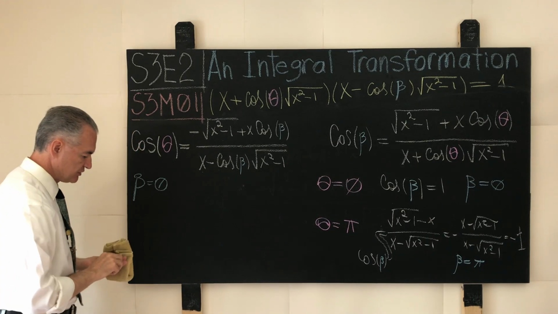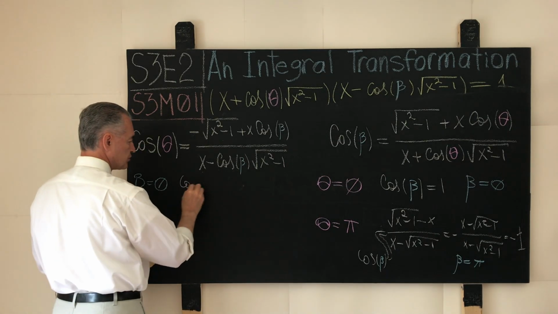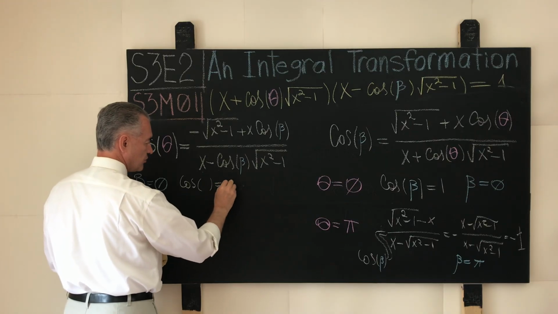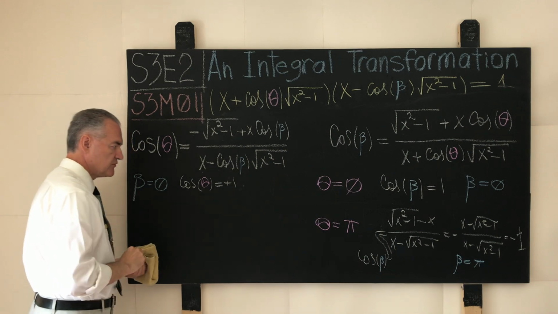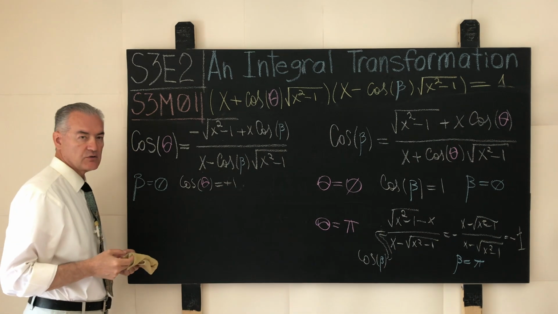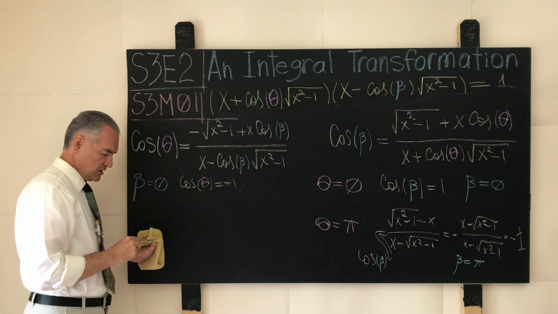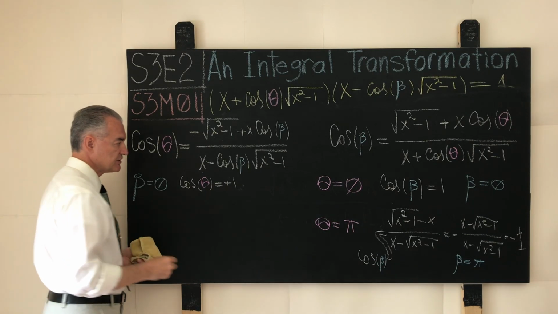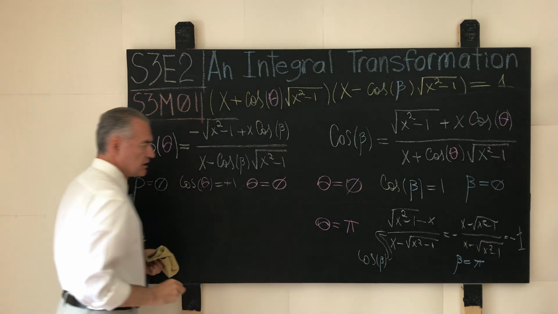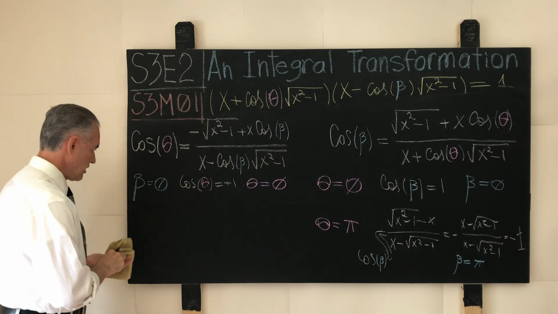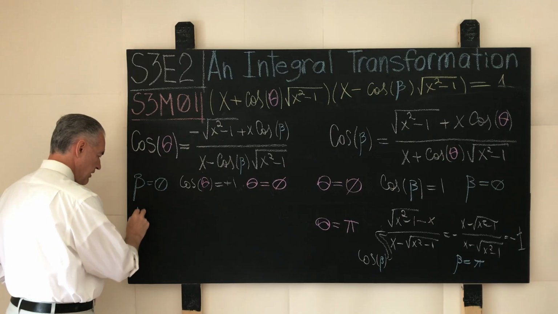So that value is 1. Then the cosine of theta is equal to +1. Again, out of the infinitude of even integral multiples of pi, we choose the most convenient one, in a sense. That means that theta is equal to 0, as a sanity check.